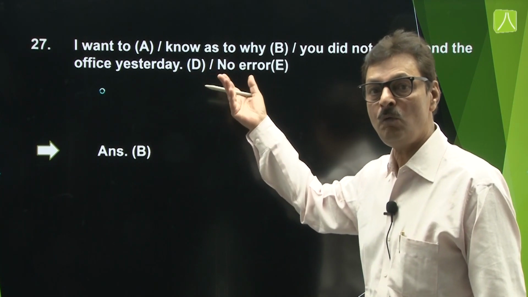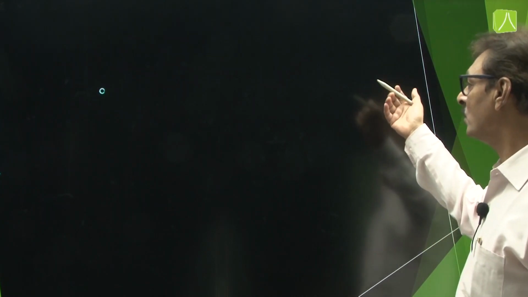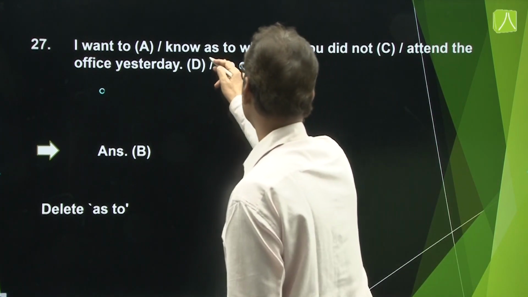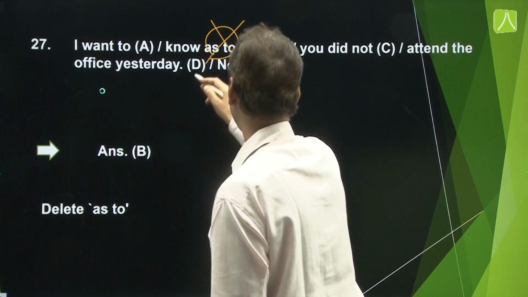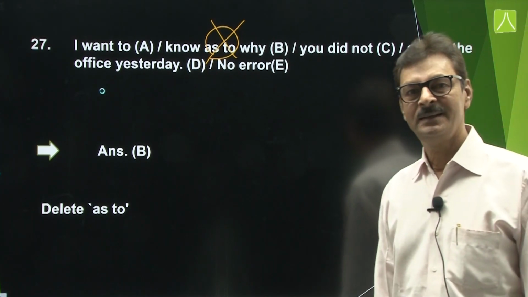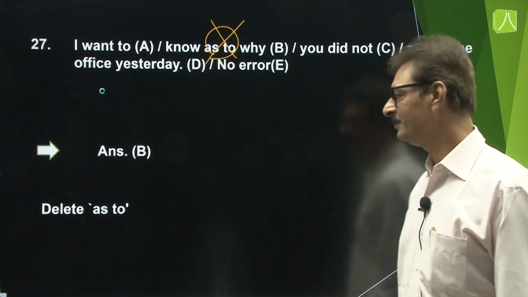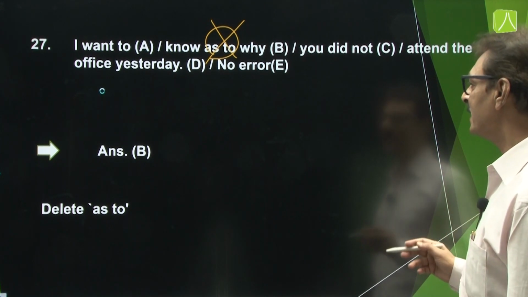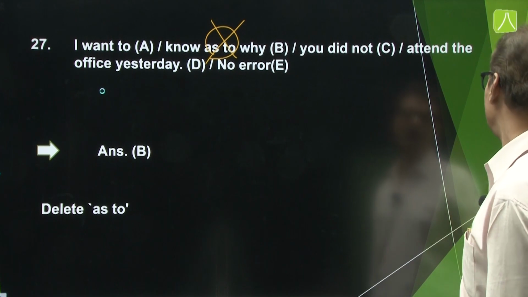I want to know why. I want to know as to की कोई ज़रूरत नहीं है. I want to know why you did not attend the office yesterday. We never say it is grammatically incorrect to say I want to know as to why you did not.